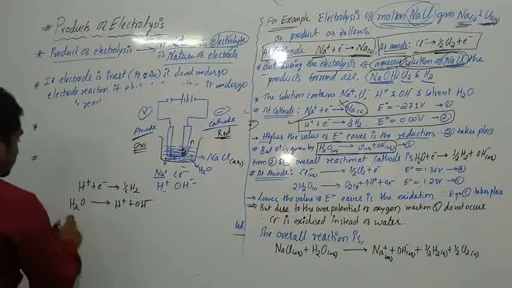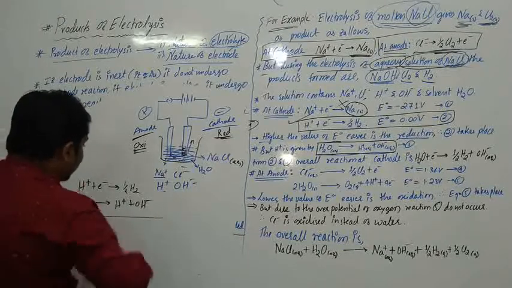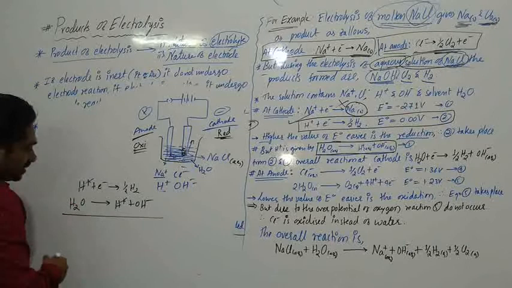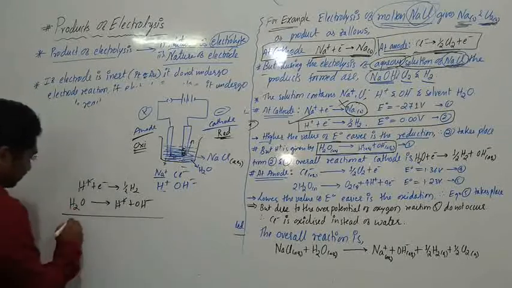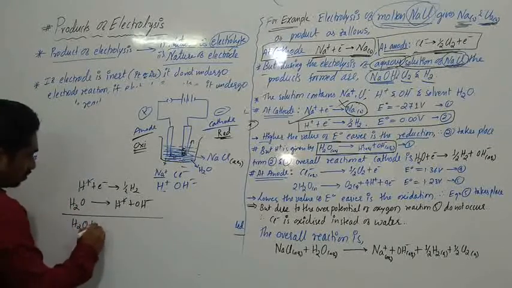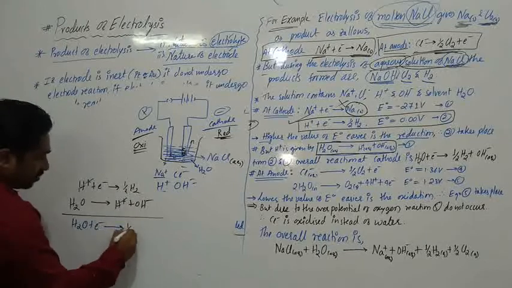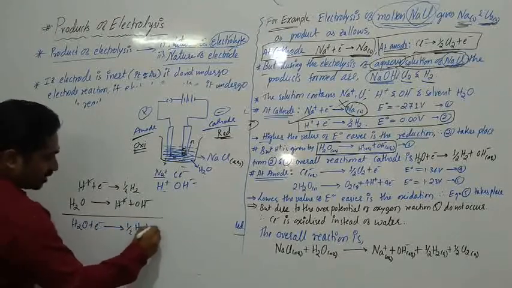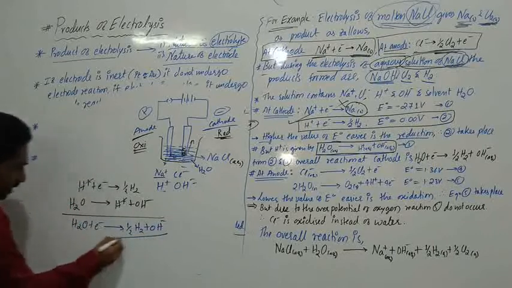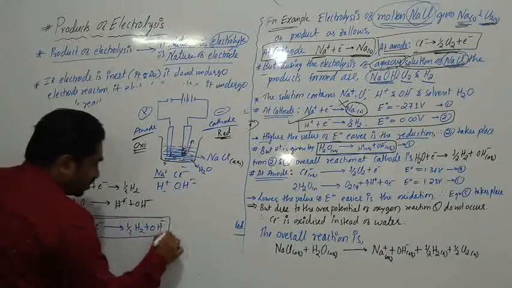So what are the common terms here? On the reactant side and product side, H plus cancels out, and what remains? H2O plus electron gives 1 by 2 H2 plus OH minus. So this is the overall reaction at the surface of the cathode.